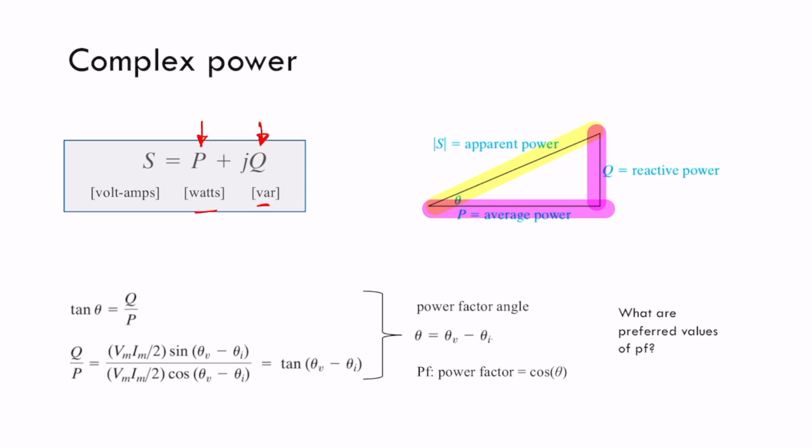Using the Euler identity, this angle will be the arctan of Q divided by P. Because I have an expression for Q and for P, I can just replace them, and I will see that this is the tangent of the phase angles of the voltage and current.